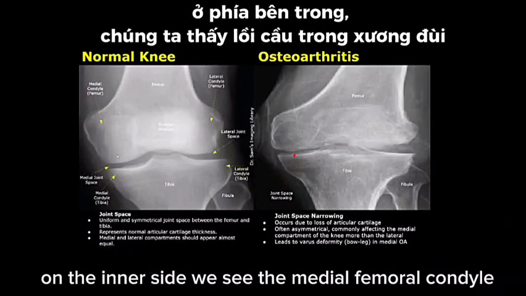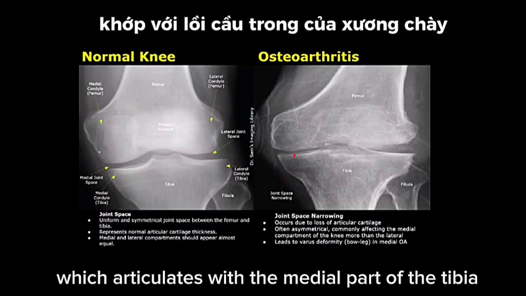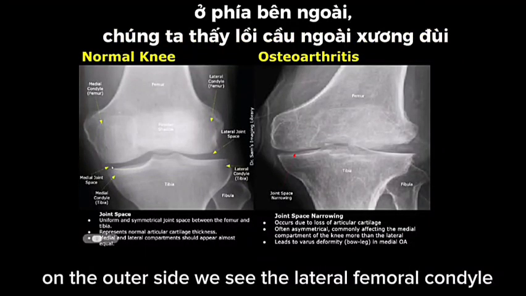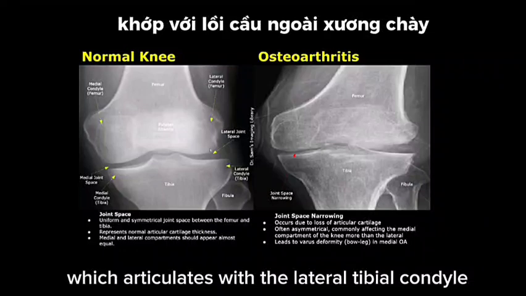On the inner side, we see the medial femoral condyle, which articulates with the medial part of the tibia. On the outer side, we see the lateral femoral condyle, which articulates with the lateral tibial condyle.